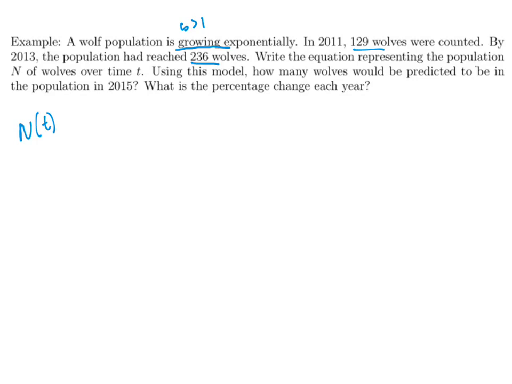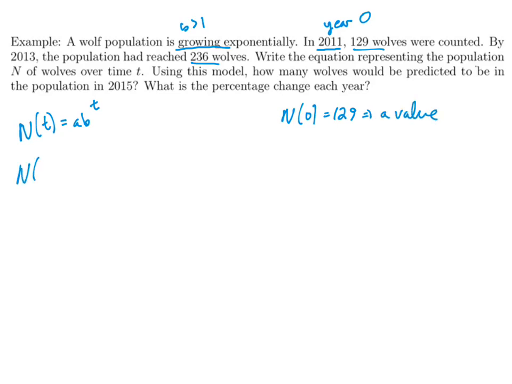Okay, so our function, let's just use the form we've been talking about. So we said that a is the initial amount. Well, the first year that we are given is 2011, so let's let that be year 0. So at n of 0, we get 129 wolves. So that means this is going to be the a value in the function.